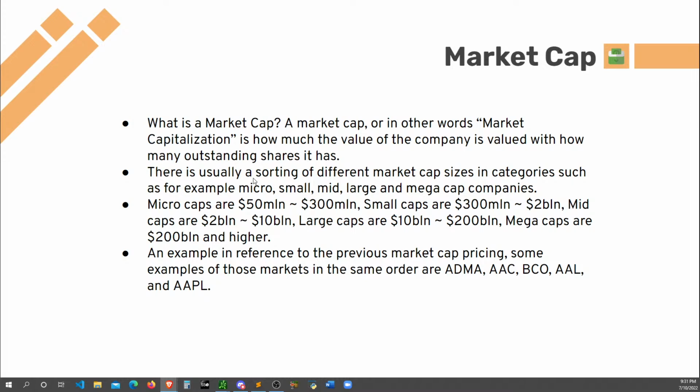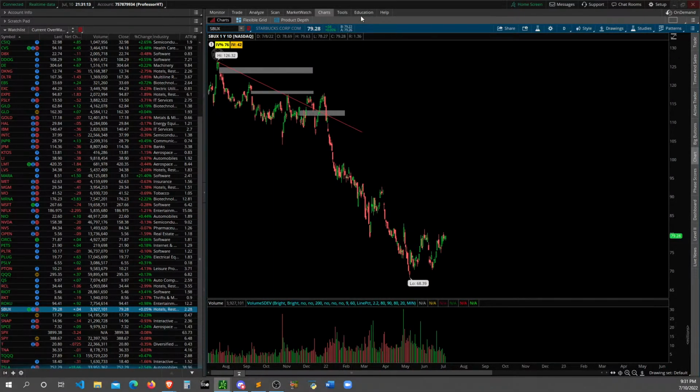They usually sort market caps into micros, small caps, mid, large, and megas, right? I'll just kind of quickly and briefly show you.